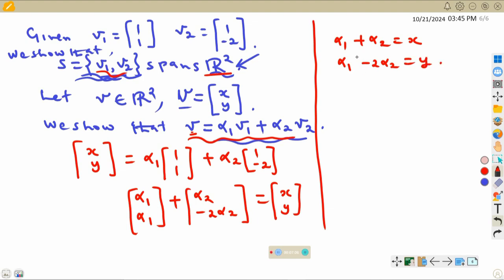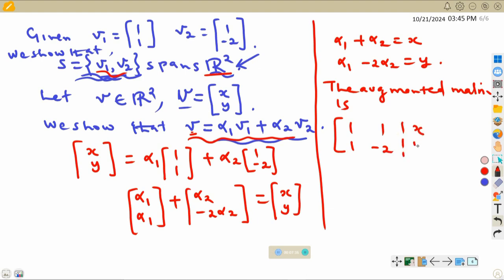We need to solve this system and get the values of alpha 1 and alpha 2. So let us use row operations. So we need the augmented matrix. We can have the augmented matrix as 1, 1, 1, negative 2, then here we have x and y.